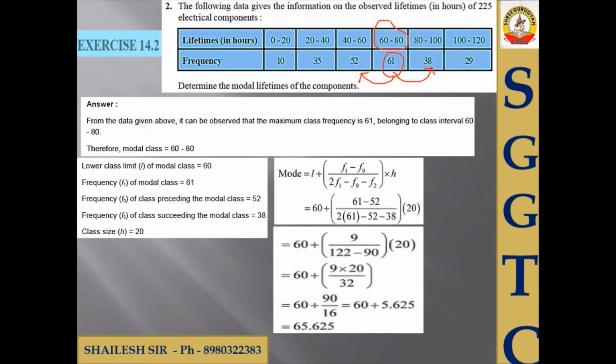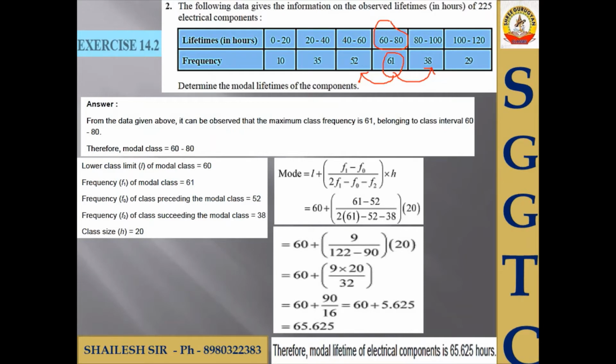Now apply the values for the modal class 60 to 80. So the lower limit L is 60. The frequency of the modal class is 61, preceding is 52 and succeeding is 38. And class size means the interval gap between the classes, 20.